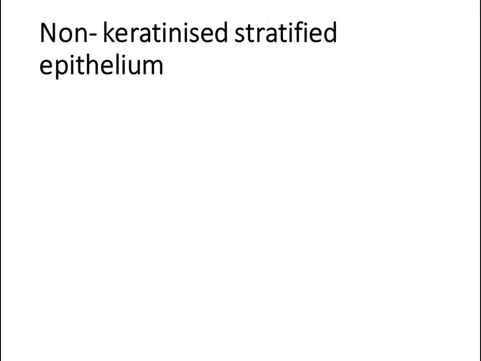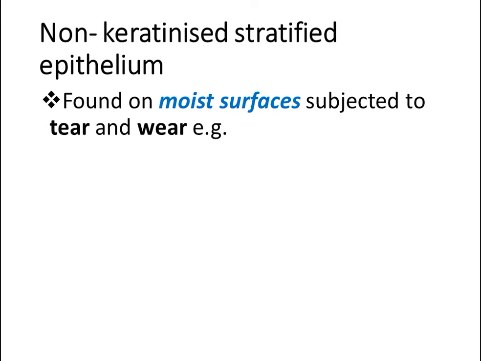Now let's look at the second type, which is the non-keratinized stratified squamous epithelium. Now, this one doesn't contain the protein keratin and it is found on moist surfaces which are subjected to tear and wear. Okay? For example, the conjunctiva of the eyes.